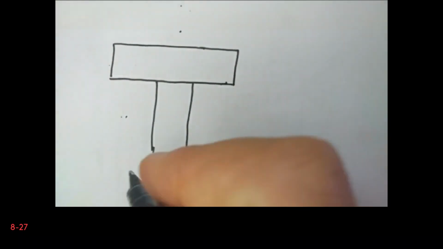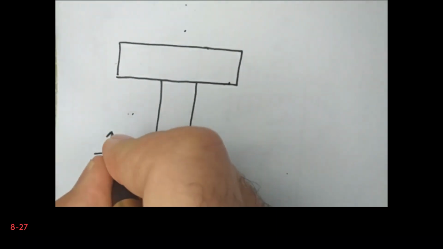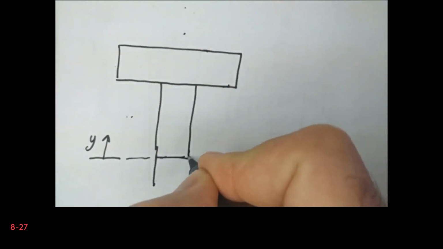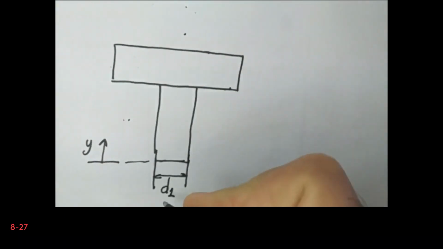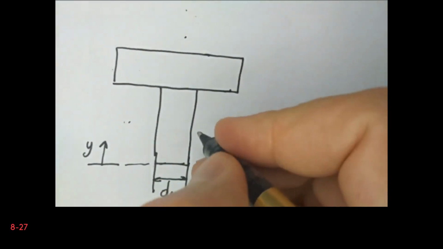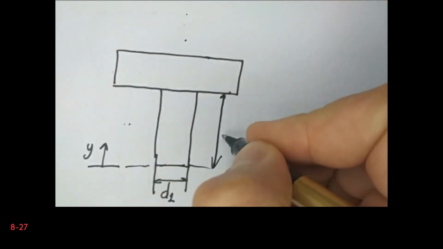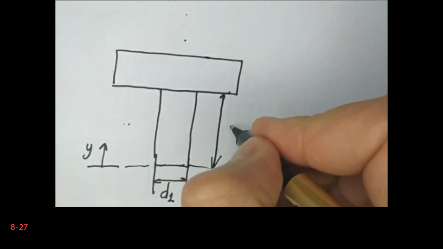So let's say that this is Y. And let's say that this is D1. In fact, I can define some other dimensions. So this dimension is H1, or let's say D2. This is D3.